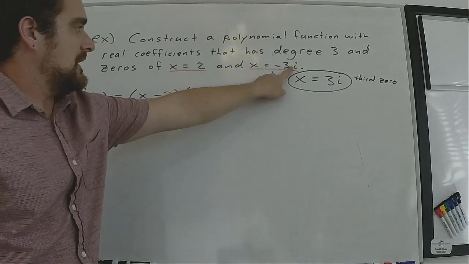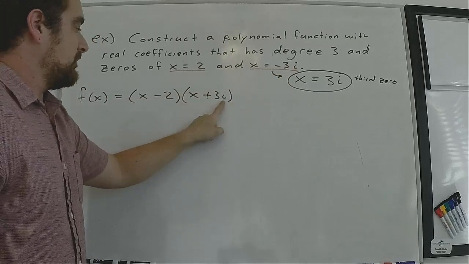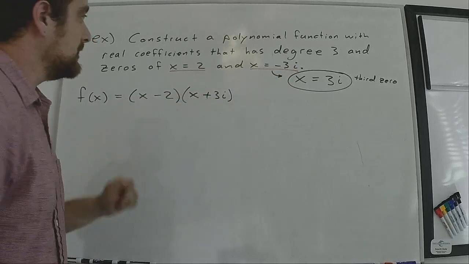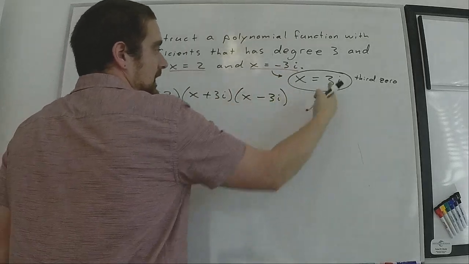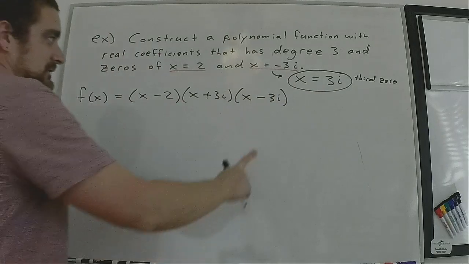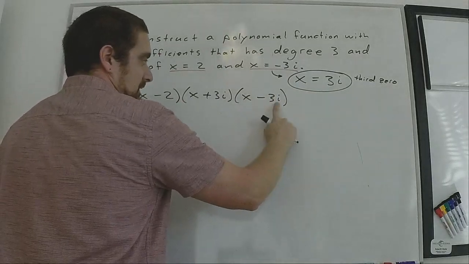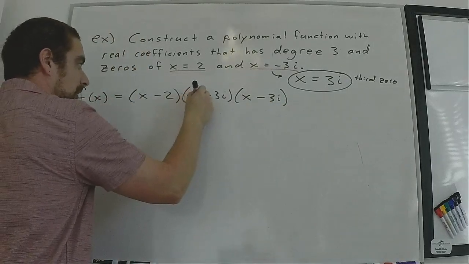Since that is an imaginary zero, if I plug negative 3i in, add 3i, that cancels out, I get a 0. Likewise with the other positive 3i being a 0 that I picked up from the conjugate. If I plug positive 3i in and subtract 3i, I get 0 in this factor, and everything is 0.